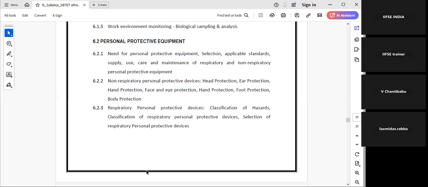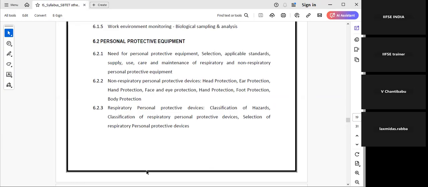And non-respiratory, all the additional things which are not covered under respiratory, which we do not use for any breathing activity. Those are helmets, shoes, hand gloves, aprons, toe guards, safety shoes, gumboots, different kinds of PPEs.